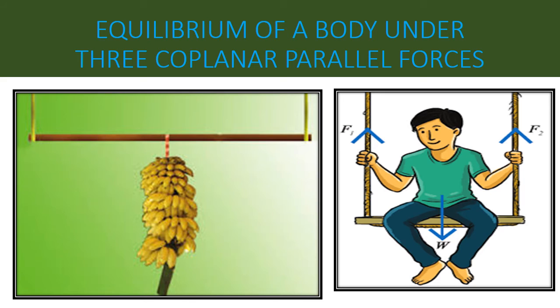He is in equilibrium. His weight is acting downwards, which is denoted by W, and two forces are acting on the strings upwards, F1 and F2. So, in order to be in equilibrium, F1 plus F2 should be equal to capital W.